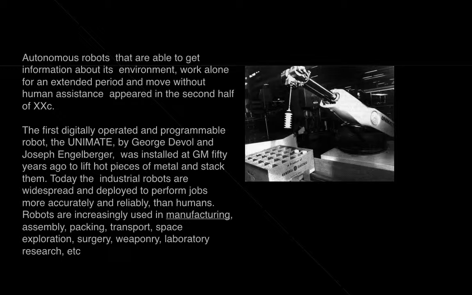So robots are increasingly used in manufacturing, but also in assembly, in packing, in transportation, in space exploration, in medicine as well, and unfortunately, as I was indicating before, also in armaments and weaponry, and that is some concern for years to come.